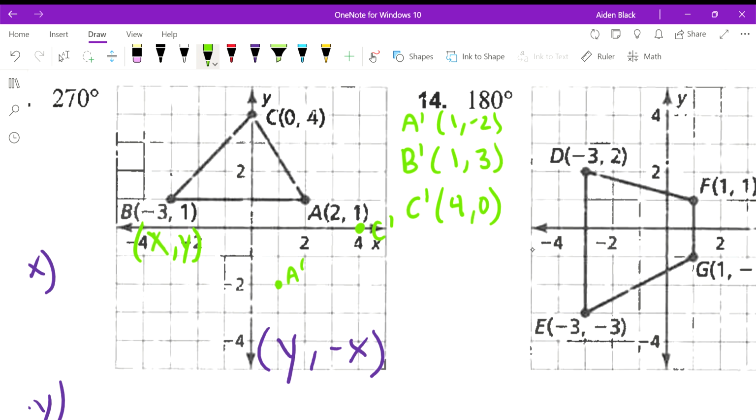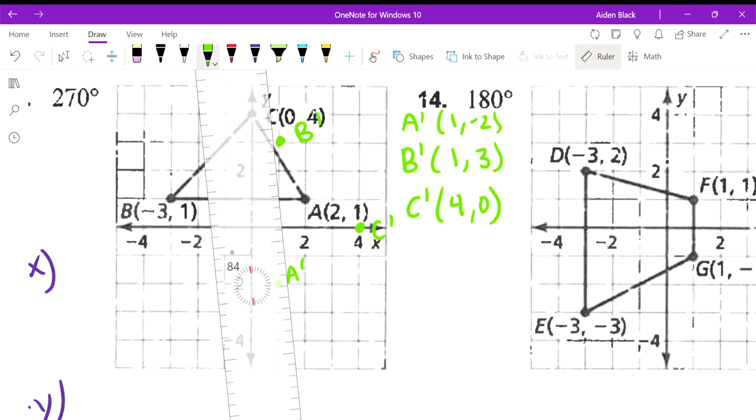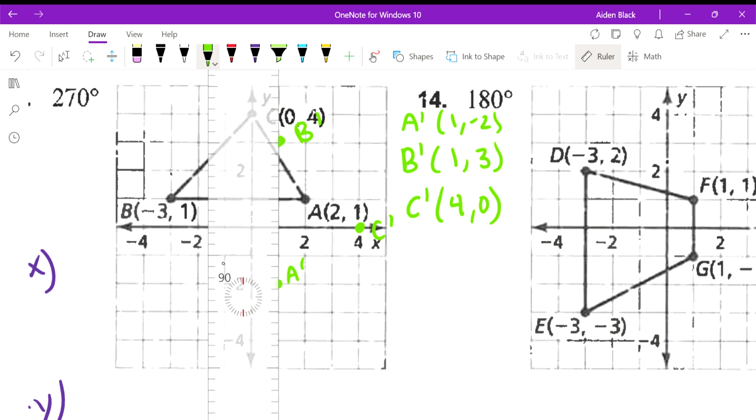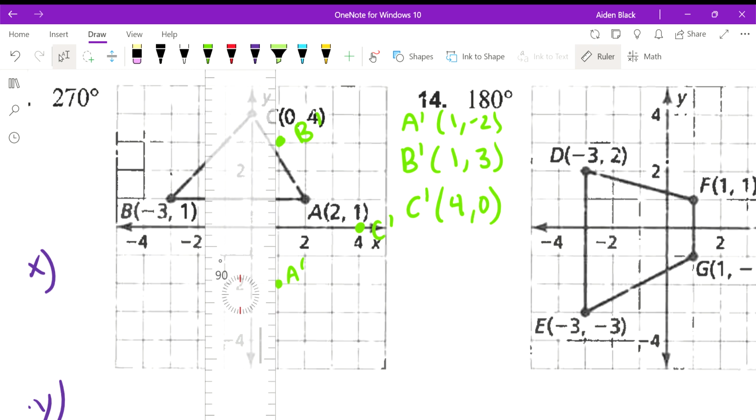So we have 1, comma, positive 3. There's our B prime. Alright, let's check it out. Let's connect the dots. There we go.